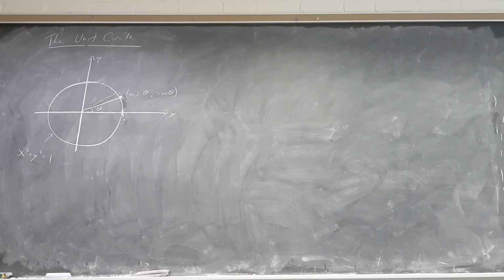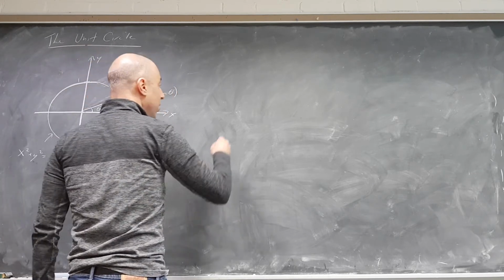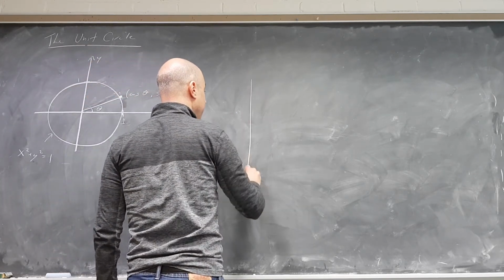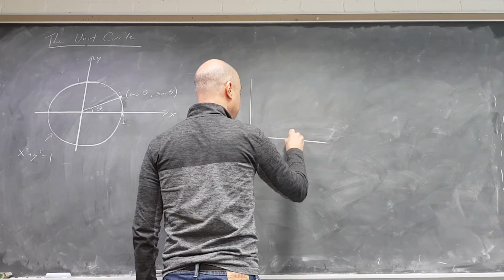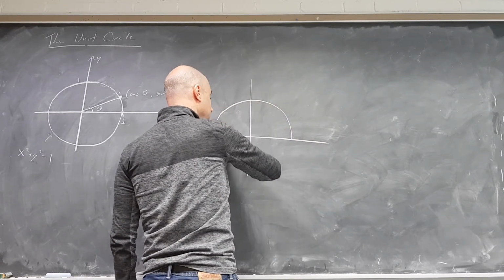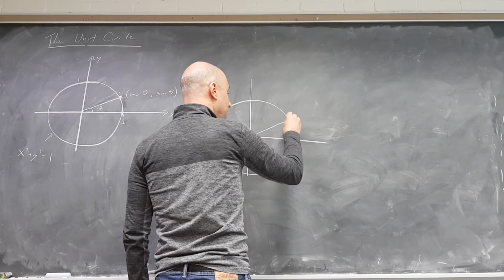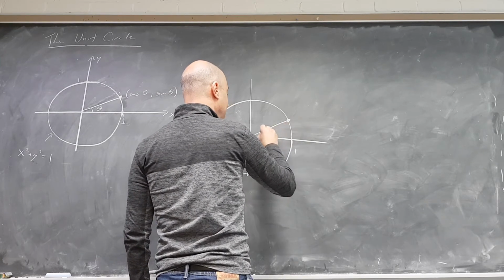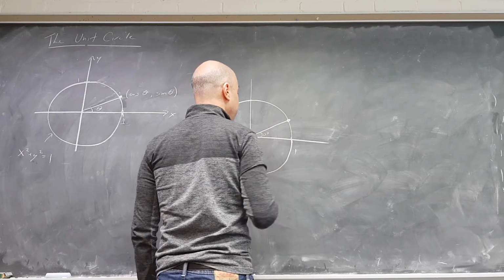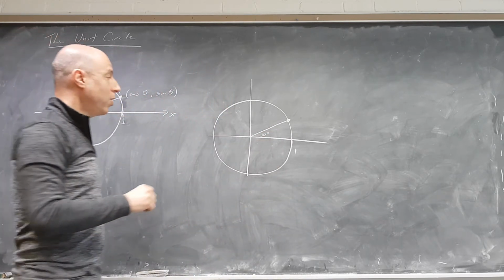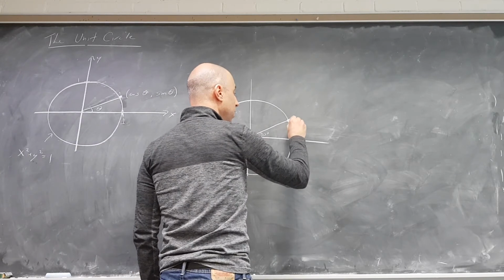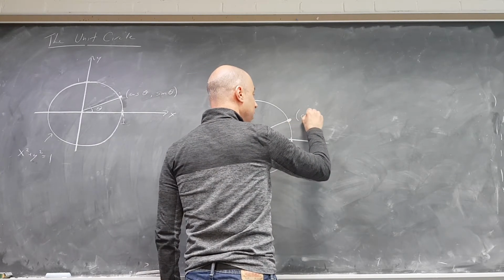Now, right now, the easiest way for us to compute cosine of theta and sine of theta for a particular theta is to use our calculator. So let's say we're on the unit circle. We have this circle of radius 1. And we draw this angle of, let's call it 30 degrees. If I want the coordinates of this point, the coordinates of that point are going to be cos theta.